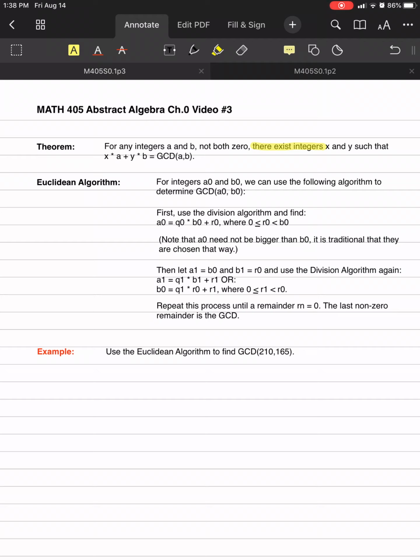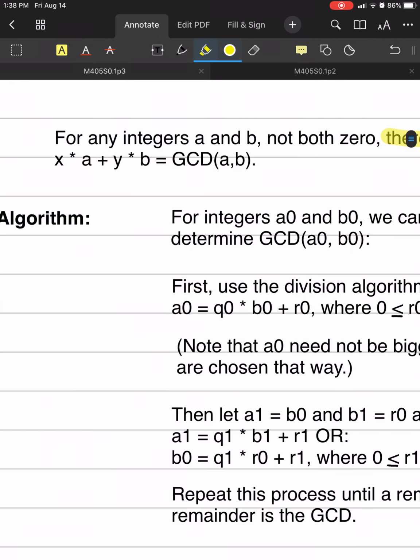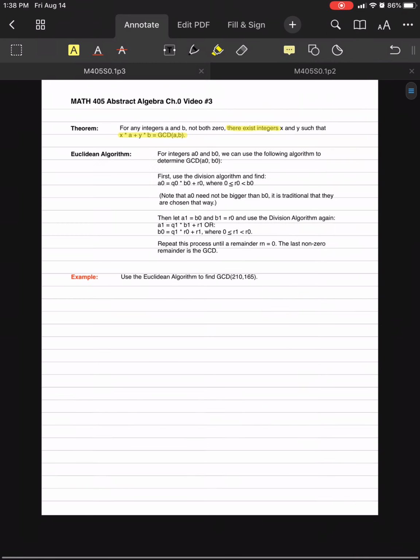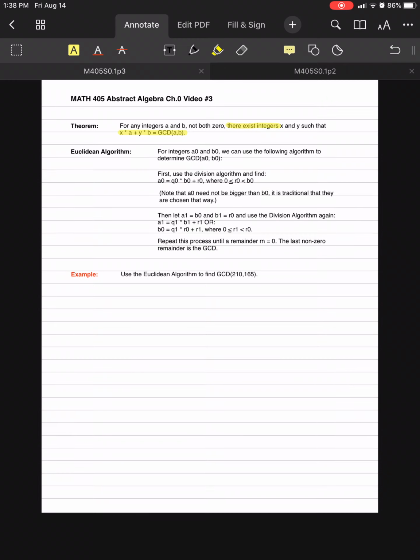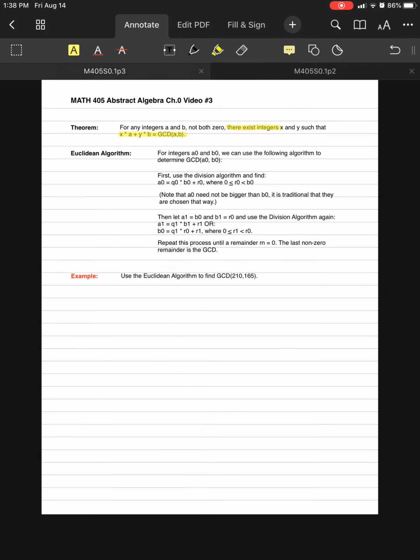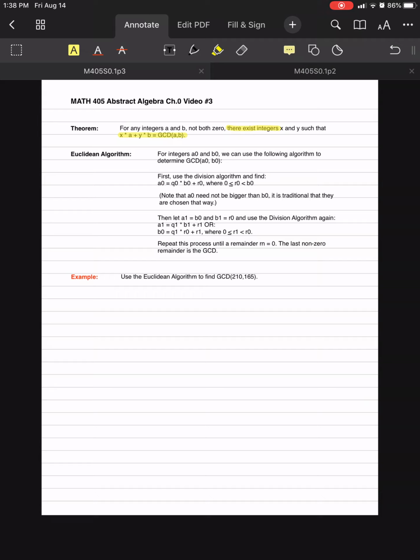That means there are specific x and y that make this statement true. Now, one thing you might not notice initially about this, which is usually addressed in these kinds of proofs where you're claiming the existence of a certain thing, is that these integers x and y are not claimed to be unique.